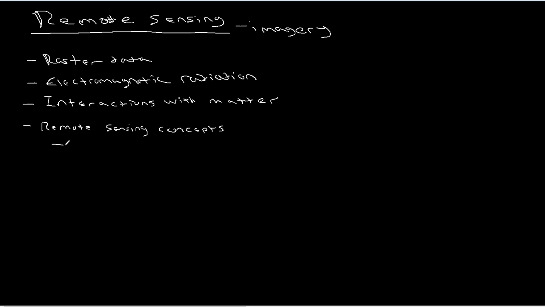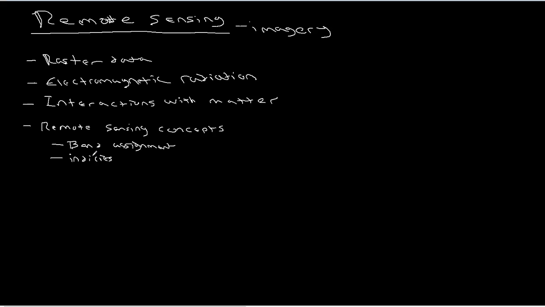This idea of band assignment, and indices. If these two things don't make sense to you, that's okay. Band assignment is basically going to have to deal with how we relate this idea of electromagnetic radiation with the actual software, so ArcGIS Pro.